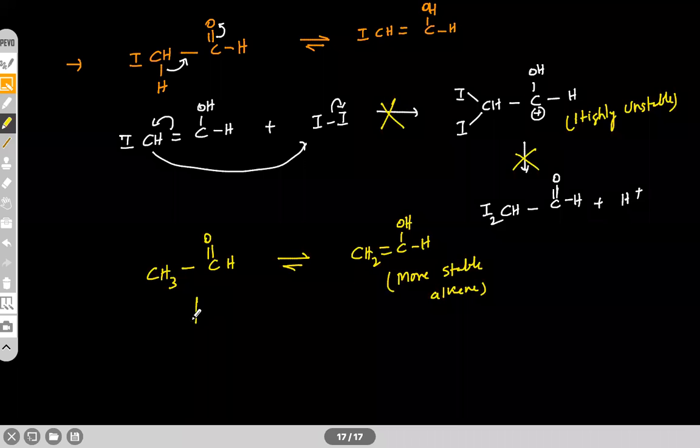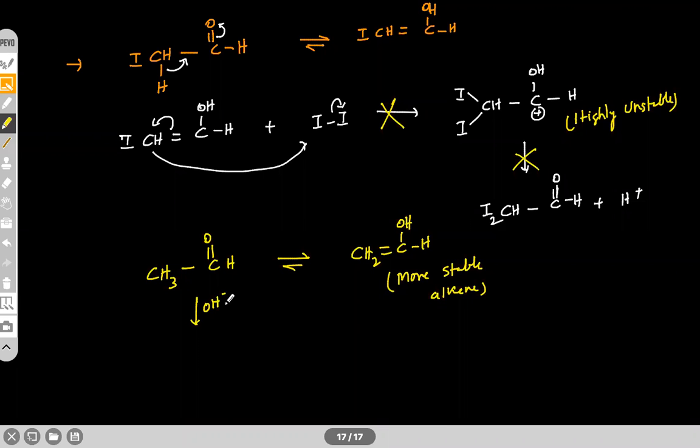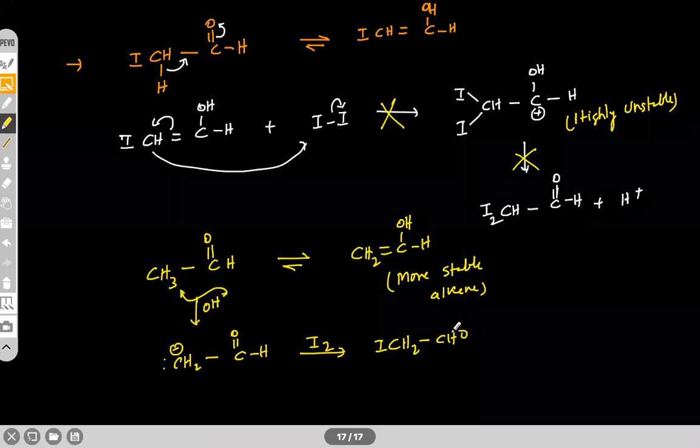But if the medium is basic, OH minus, then this OH minus takes this H plus, we'll write down CH2 negative, C double bond OH, and then on this, the reaction of iodine takes place. It converts into CH2I and CHO. Yes or no? Right.